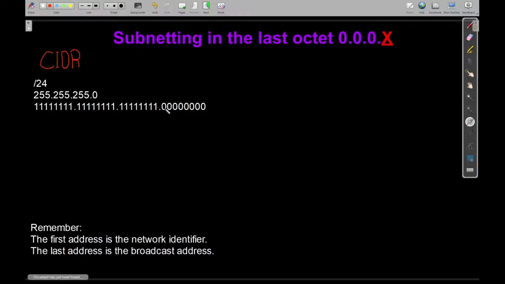Today we're going to be talking about subnetting in the last octet. We know that a /24 is just telling us how many network bits are in the 1 position from left to right. There's 24. So we can actually keep going with this. We can make a /25 or a /26 and turn these zeros into ones.